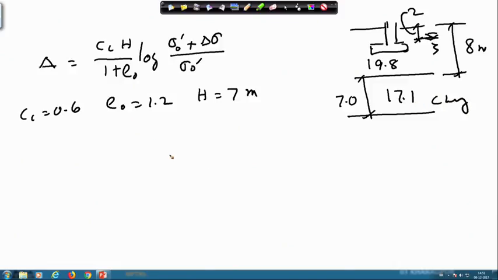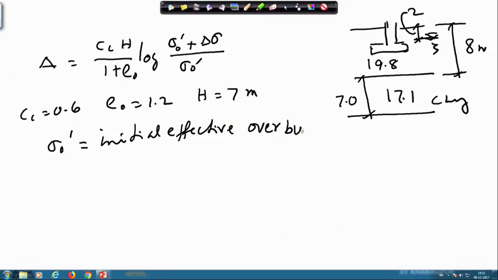What we need is sigma naught dash, the initial effective overburden pressure before application of the load.